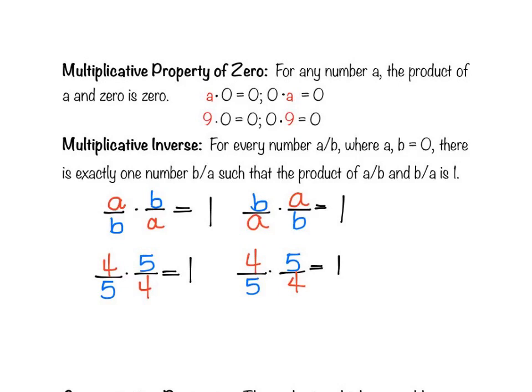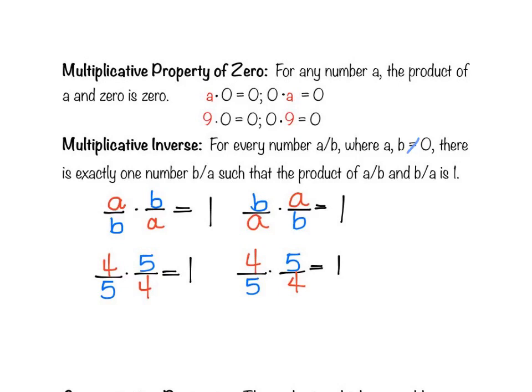And then the last multiplication property is the multiplicative inverse property. It says for every number a over b, where a or b are, and I'm sorry, this is not equal to 0, there's exactly one number, b over a, such that the product of a over b and b over a is 1.